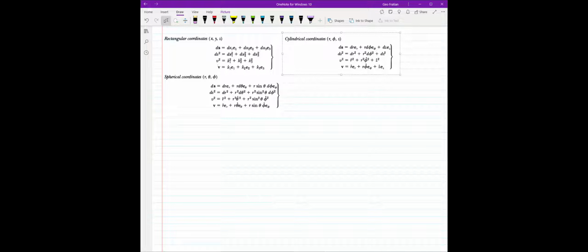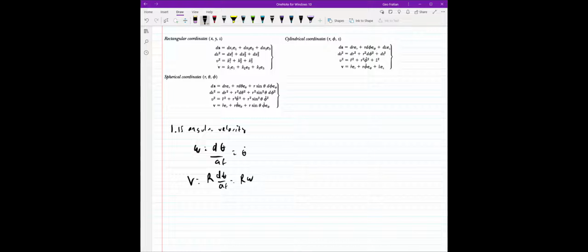Now we can move on to the concept of angular velocity, which you've probably learned about in your lower division classes, where omega is equal to d theta/dt, which is just theta dot. But v is equal to r d theta/dt, which is equal to r omega. Or in other words, since the perpendicular distance is r sine alpha, let me show you what I mean from the drawing.